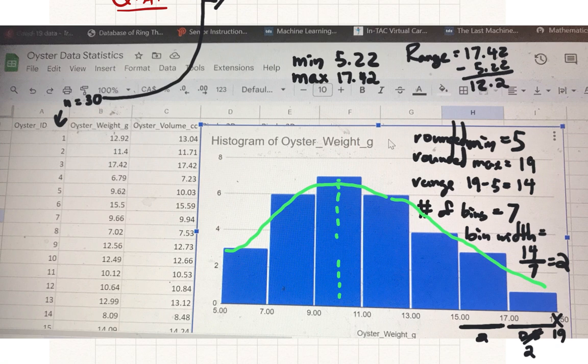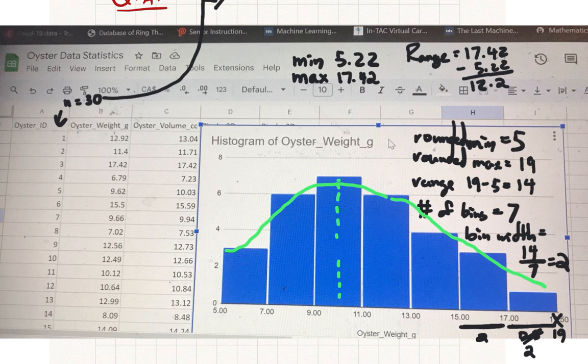So I think this is a reasonable bin width and number of bins for this problem. And you can easily read off some information here. Let's say we wanted to know where the cutoff for the smallest 30% of our data was. So what is the smallest 30%?